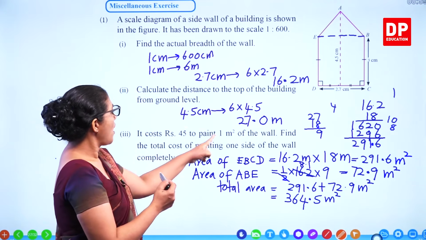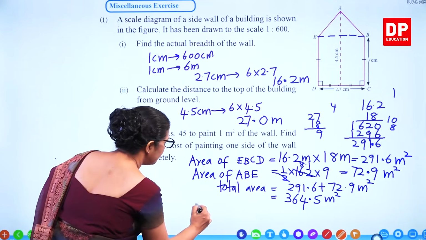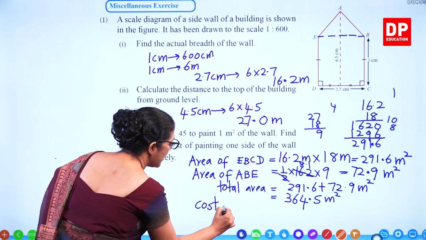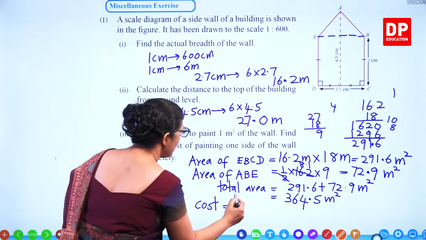So 1 square meter is 45 rupees. So the cost is, you multiply this by 45.